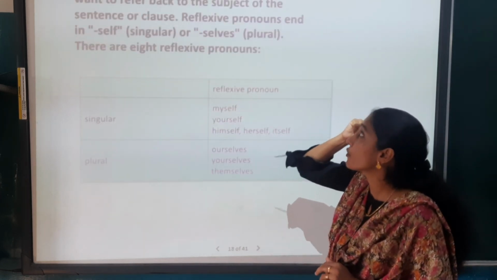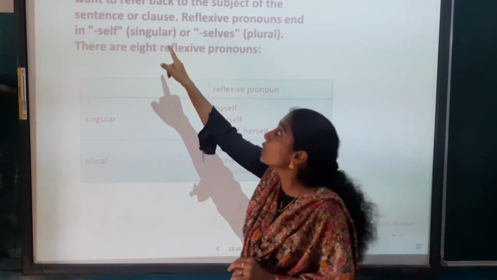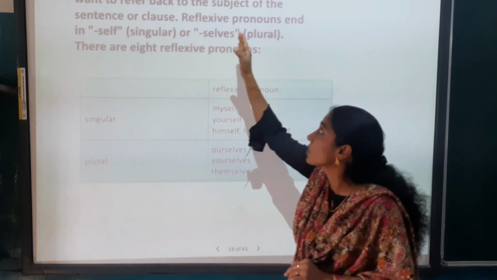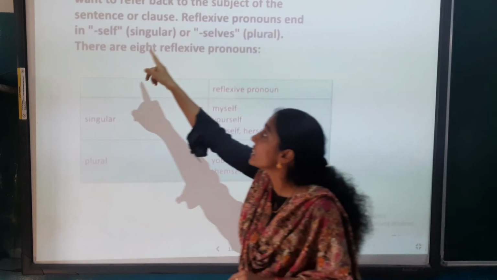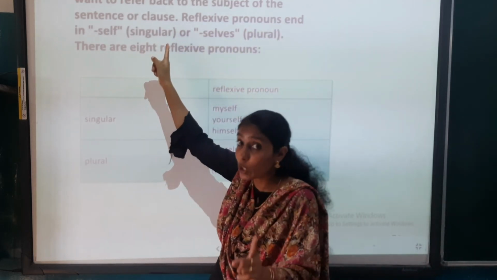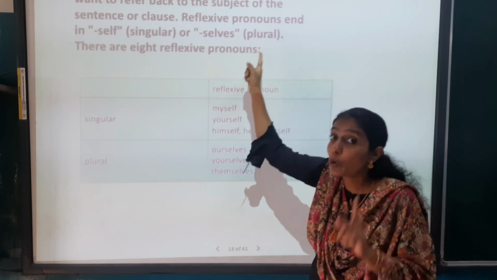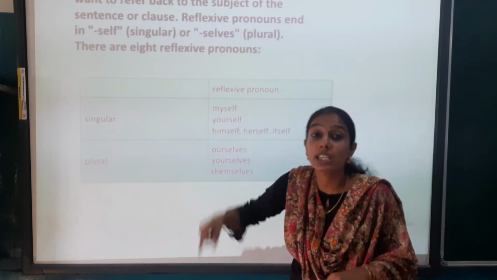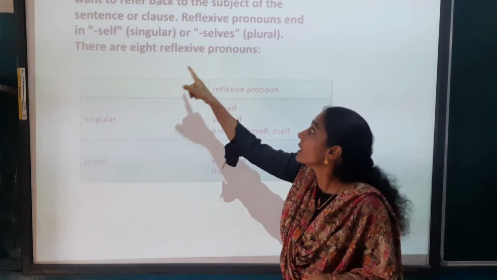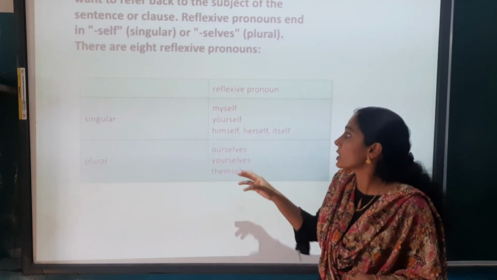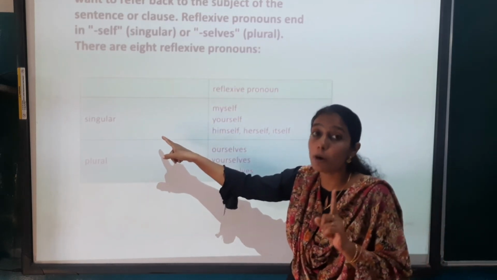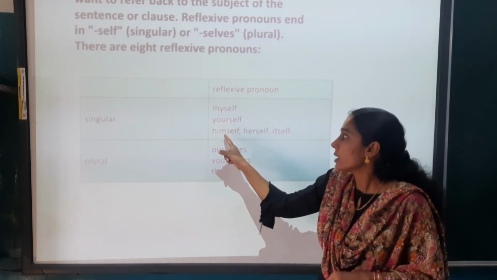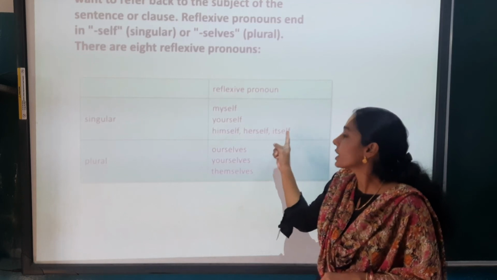Now we use a reflexive pronoun when we want to refer back to the subject of the sentence or clause. Reflexive pronoun end in self if we are talking about singular, and if it is plural, the word will end in selves. There are 8 reflexive pronouns. So if we are talking about singular, myself, yourself, himself, herself, itself.